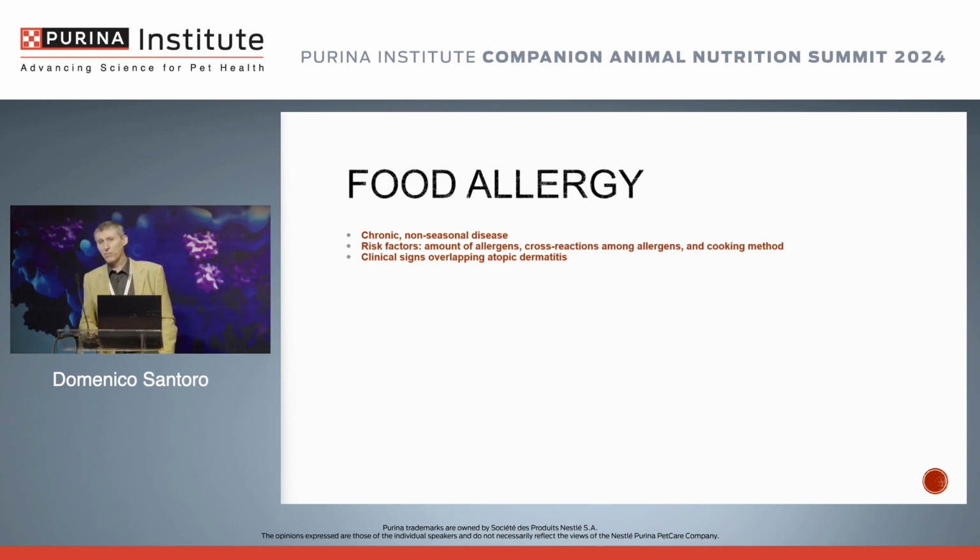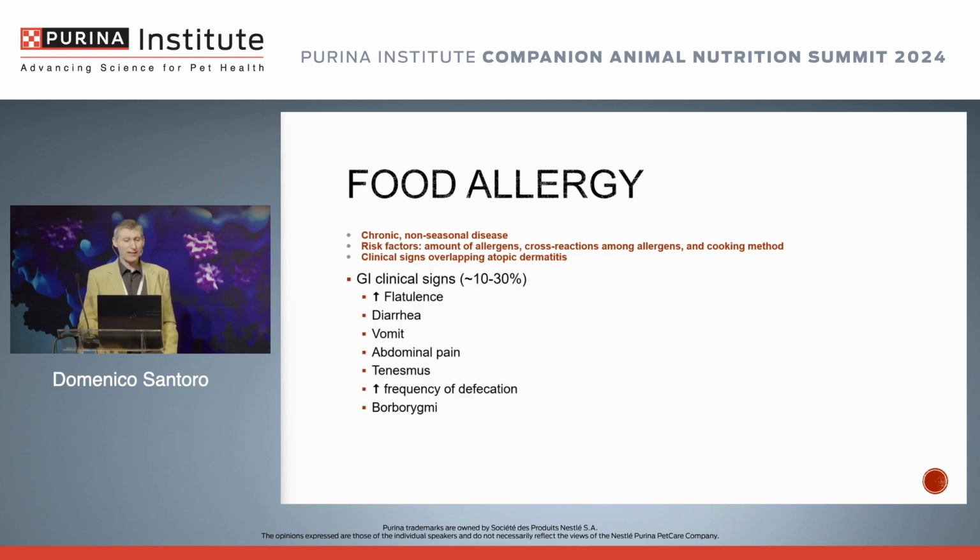So most of our patients do have skin issues, but they also have a variety of other symptoms like GI problems, and most likely those are the ones that you see on a regular basis. For my type of population, the dog comes in, scratches, and by the way, has GI problems. Okay, so that's my type of patient.